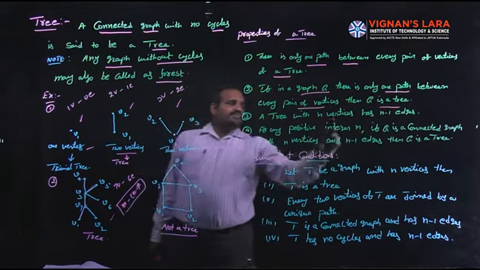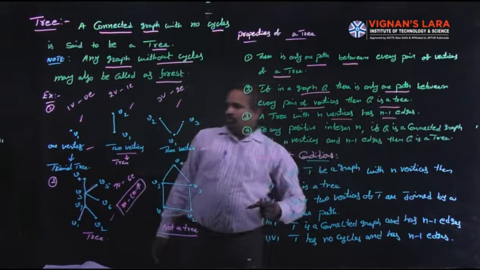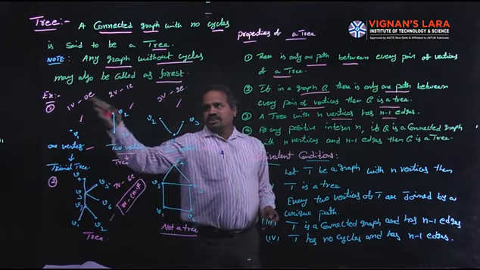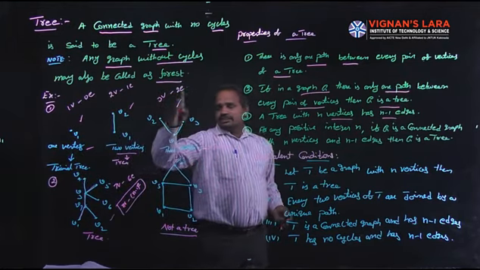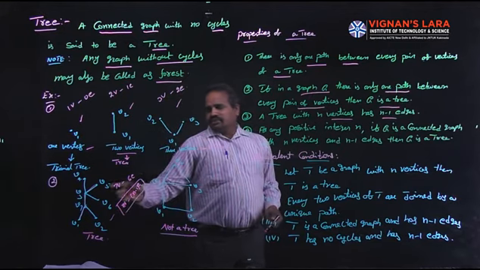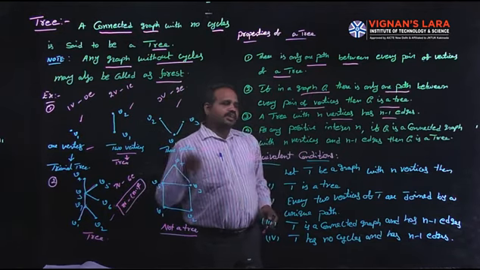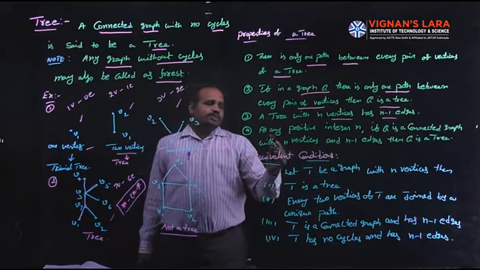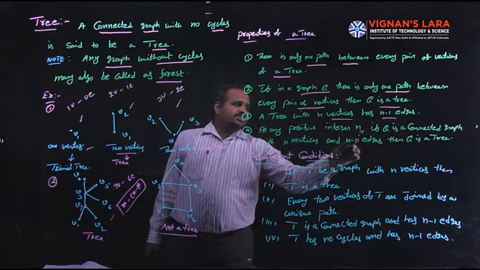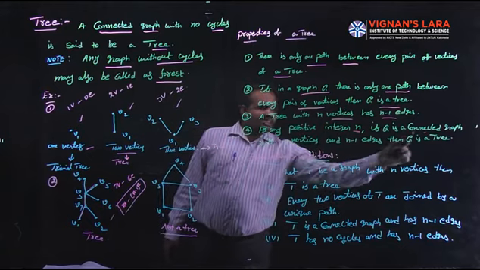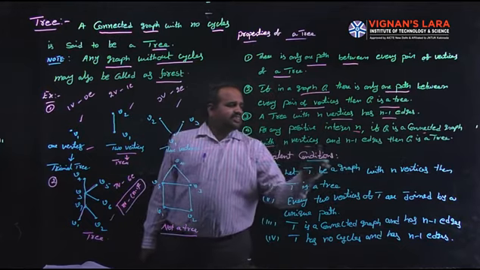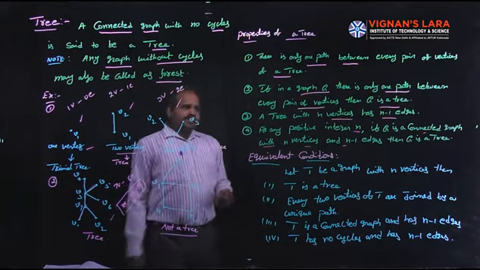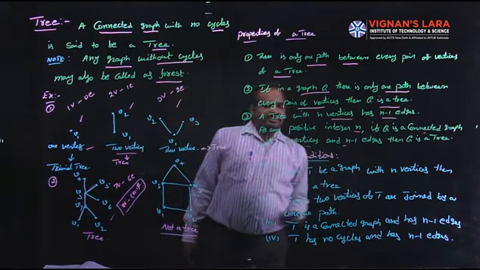A tree with n vertices has n minus 1 edges. Just now I said that one vertex has 0 edges, two vertices 1 edge, three vertices 2 edges, and 7 vertices 6 edges; n vertices, n minus 1 edges. That is what I mentioned here. Coming to the fourth property, for any positive integer n, if G is a connected graph with n vertices and n minus 1 edges, G is said to be a tree.